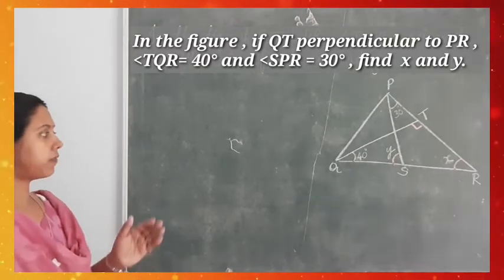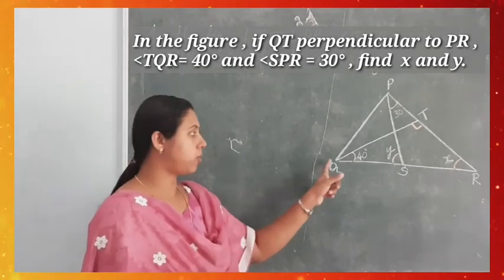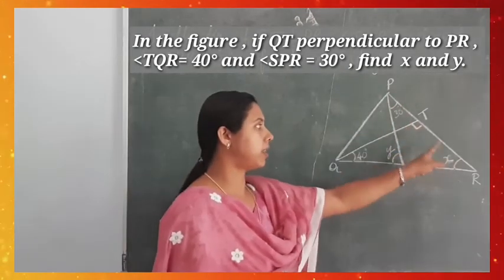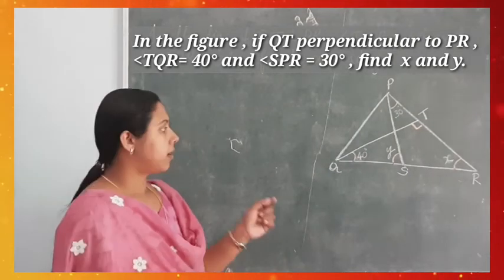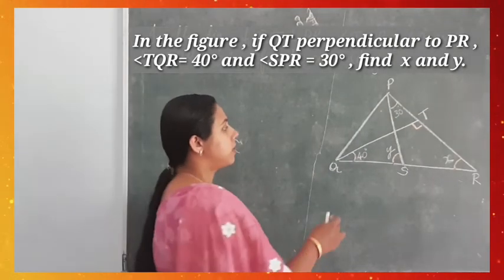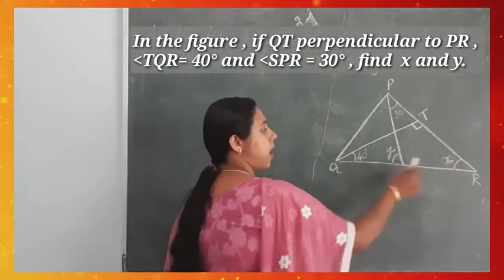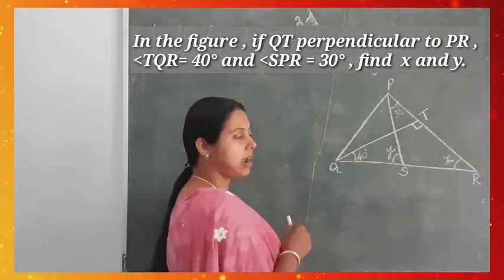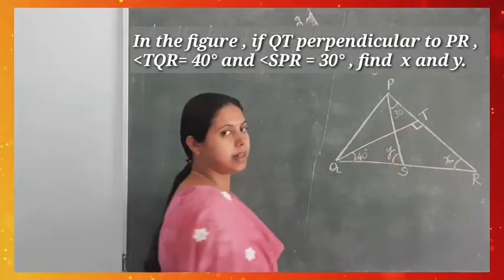In the figure it is given that QT is perpendicular to PR. That means this angle is equal to 90 degrees. It's given that angle TQR is equal to 40 degrees, and angle SPR is equal to 30 degrees.